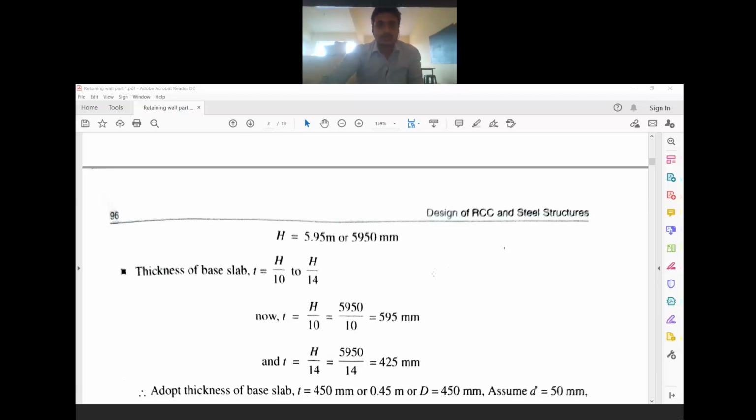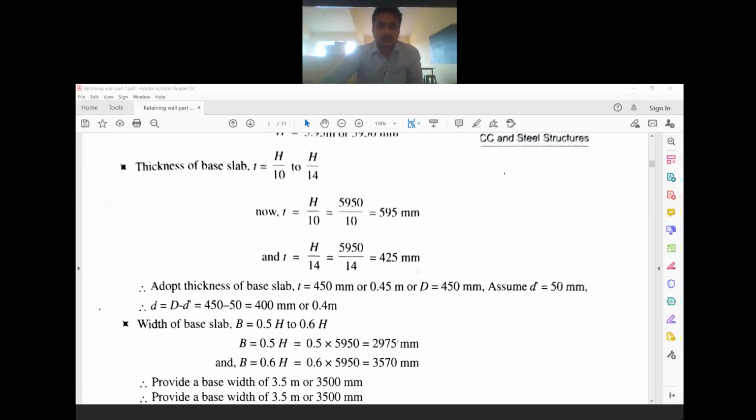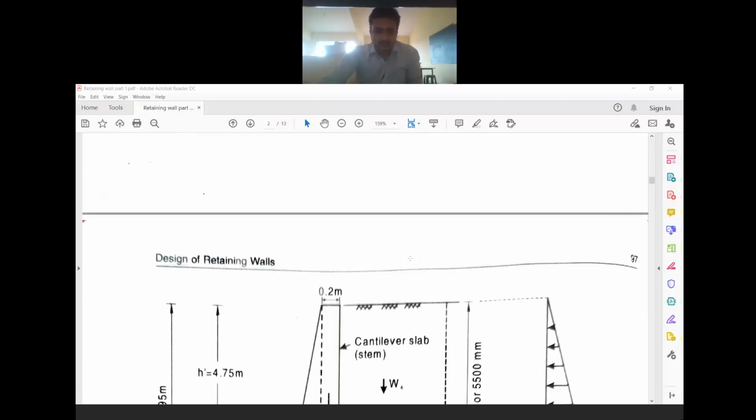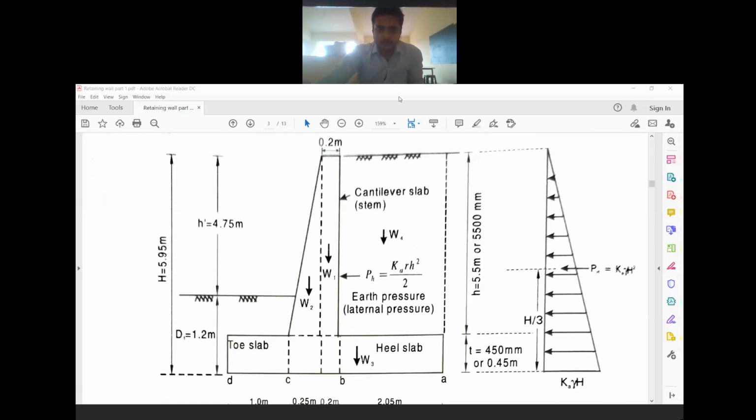We have now calculated the total height of the retaining wall. In the diagram itself, I will show. This much was given, and we have calculated the depth of foundation. So total height of the retaining wall is this much, 5.95 meters.